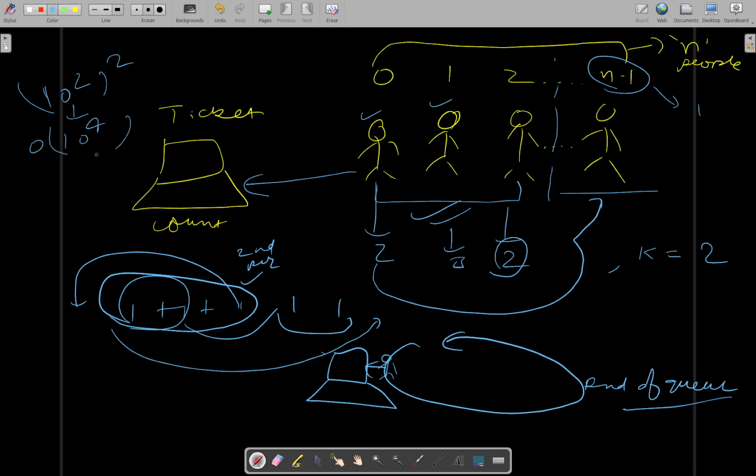Okay, for an n square solution, and there is a limit for the number of operations that can be done, which is, by the way, 10 raised to power 8 operations.